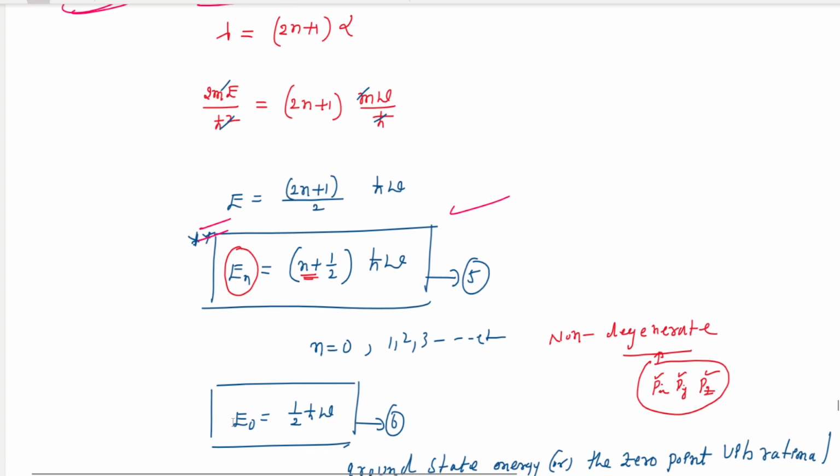If you put n equal to 0 here, then you can get 1 divided by 2 h cross omega. This is the ground state energy, or the zero point vibrational energy of the harmonic oscillator.